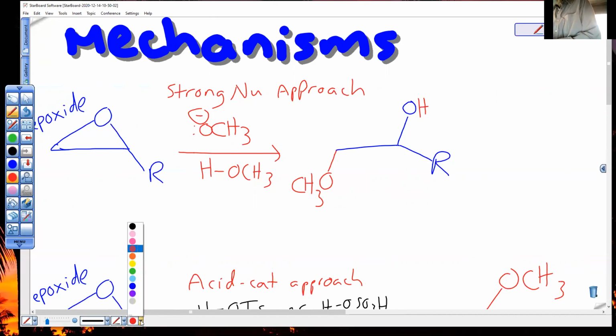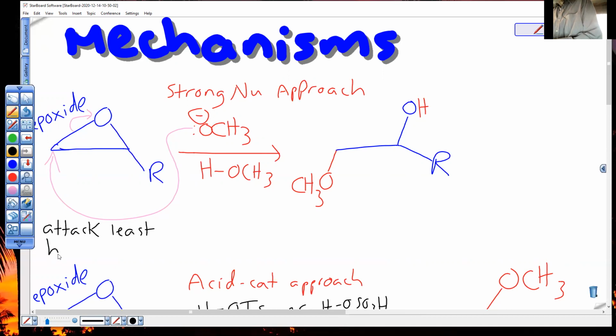Let's go light pink. Attack least hindered carbon and oxygen gets a lone pair. This is not about carbocations. We'll talk about carbocations in our next one.